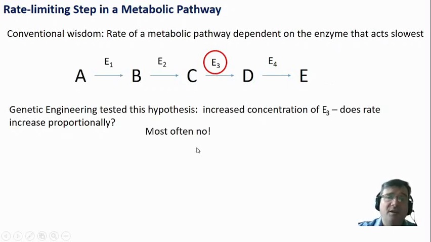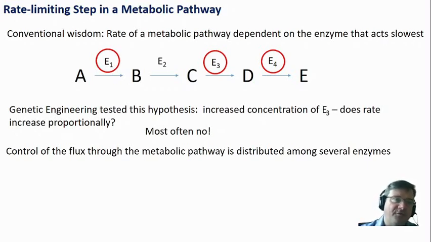Did this happen? No. Most often no. In fact, we found it sometimes did, but the majority of the times it didn't. Increasing the known rate limiting enzyme did not always increase the proportion of the product formed.